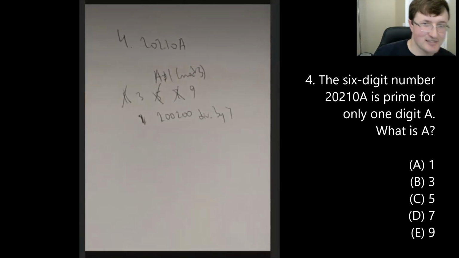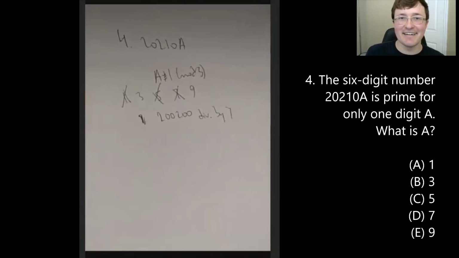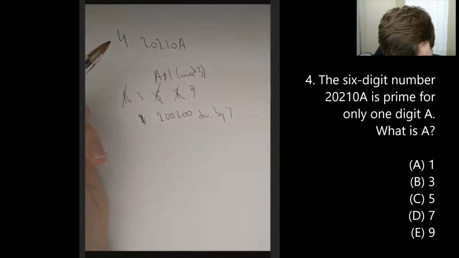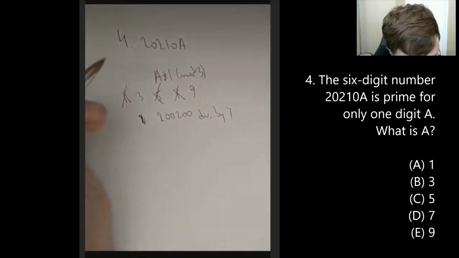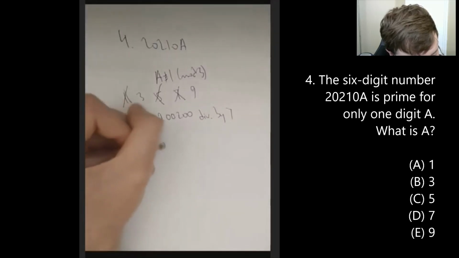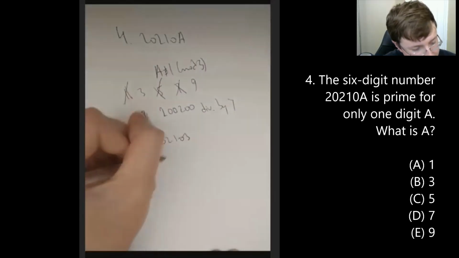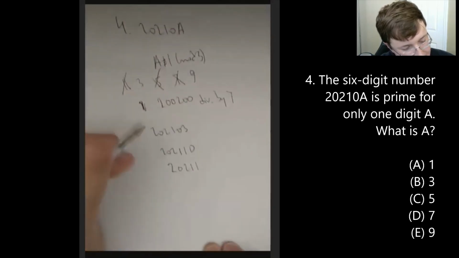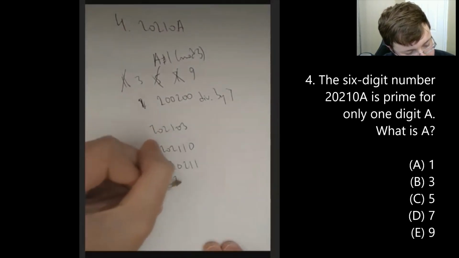So I've got 202,000, or 200,200, and I want 202,000. Ugh. Okay, well, if A is 7, it's not going to be divisible by 7. If A is 3, then I get 202,103. Then I add 7, I get 202,110. So if that's a multiple of 7, then so is a tenth of that. And then I can subtract 21.